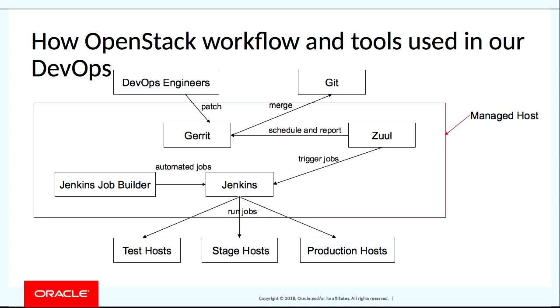Also, we use Jenkins to manage the jobs. We also include a tool called Jenkins Job Builder. We try to automate our operation jobs with a YAML file, so it will be easy to run by Jenkins.